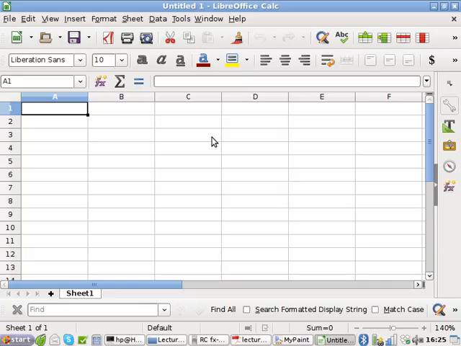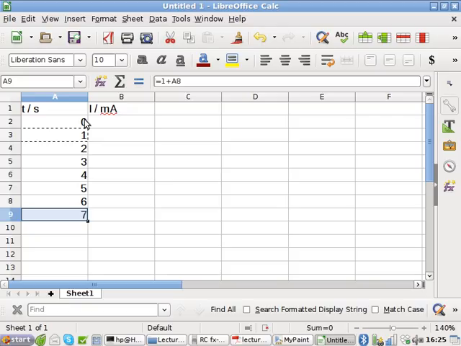Alright. Time in seconds. Current in milliamps. Can you tell me please the time? It starts at 0, doesn't it? 0 to 10. Okay. And then what is the milliamps doing?